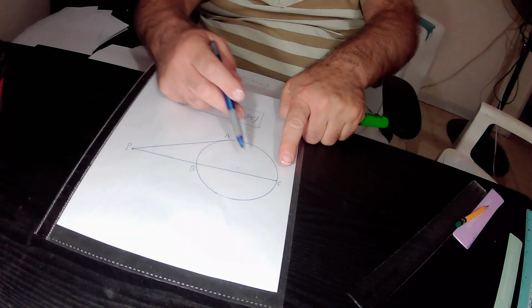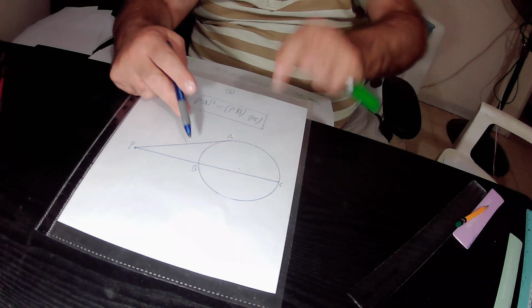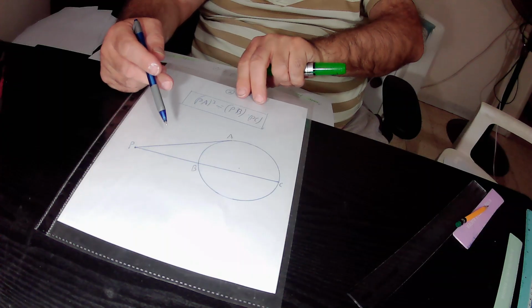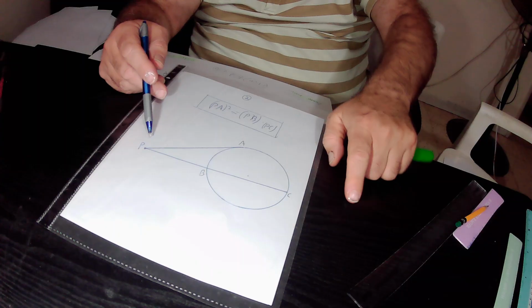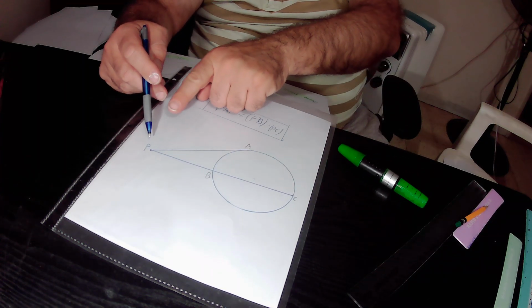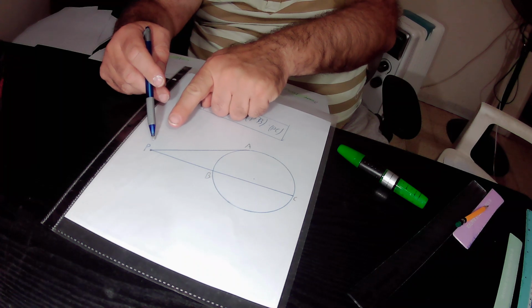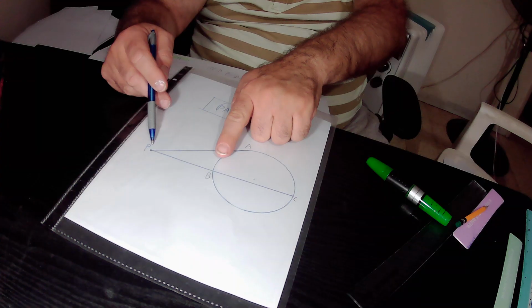Secant PC cuts the circle at two points B and C. The external part of secant PC is PB, and in total the length of the secant is PC.